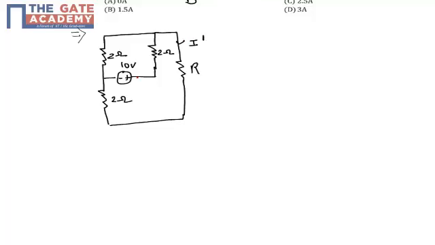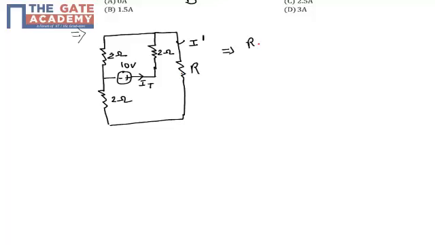First of all, I need to find the total current supplied by the battery, which is IT. It should be the voltage upon the effective resistance. In the network, the IT flows through a 2 ohm, and this 2 ohm and this R plus 2 ohm are in parallel.